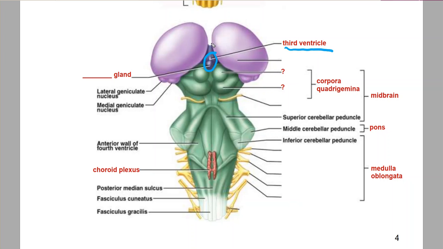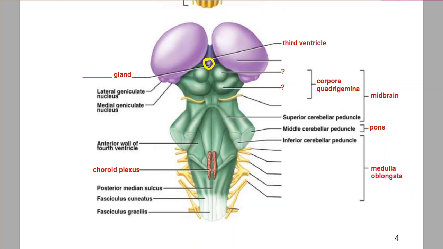Remember I told you there was a little liquid-filled space in between these two halves. That's the third ventricle. And then right below it, right here, there is a gland. Remember the gland that comes out and sits in the sella turcica of your sphenoid bone?